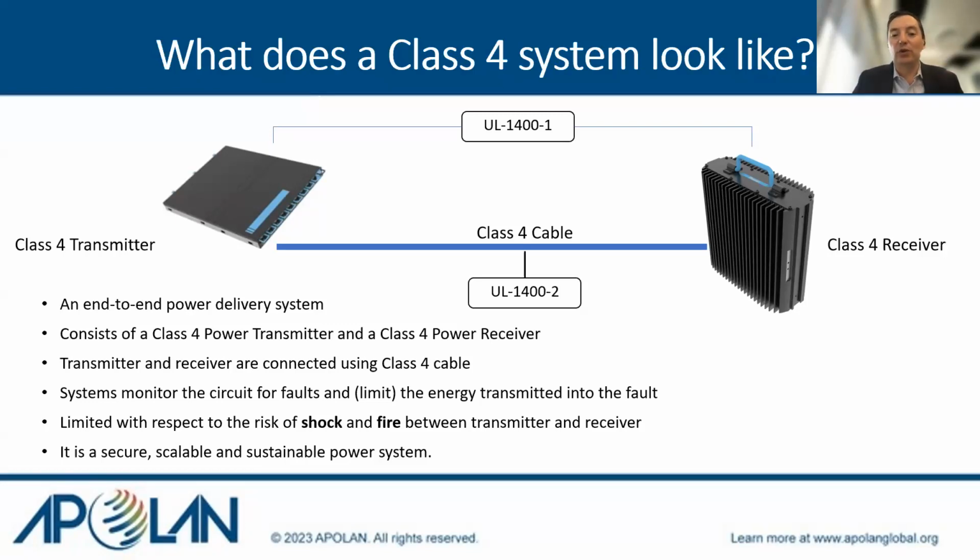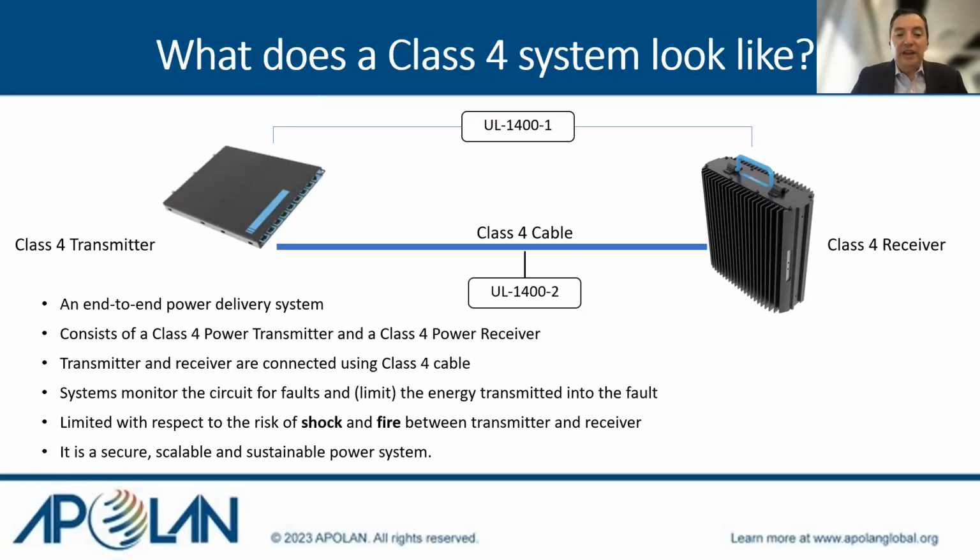The cable is also described on the standard. It's an end-to-end power delivery system. And as I mentioned before, the main advantage of this is that we can deliver power in a safe way and goes to longer distances compared to the current systems.